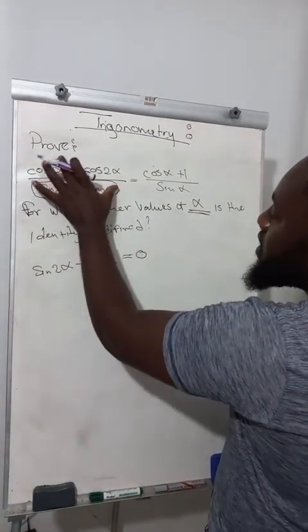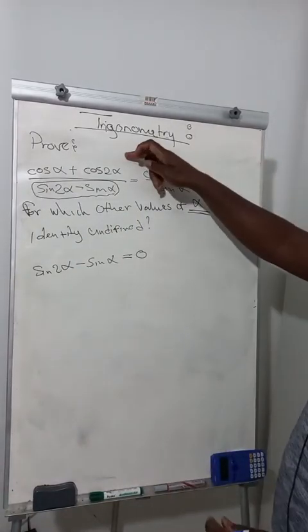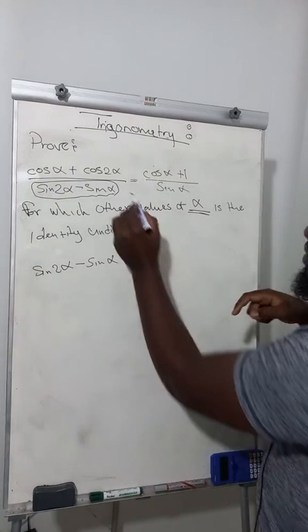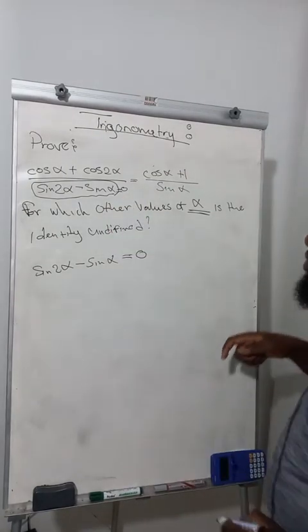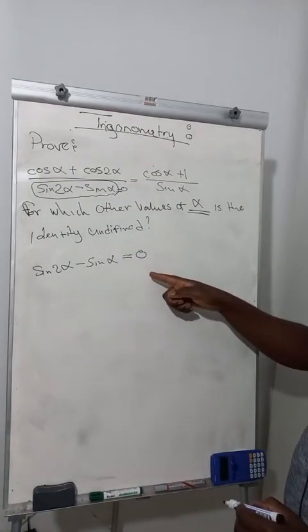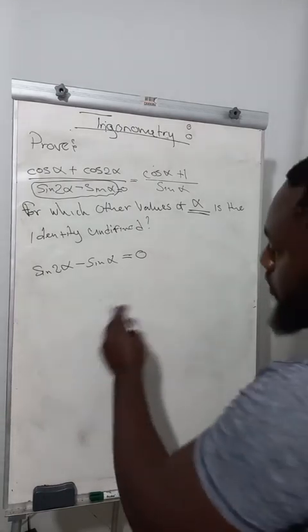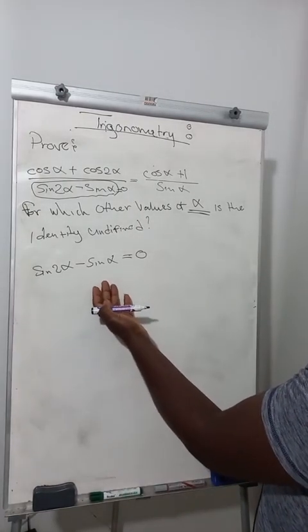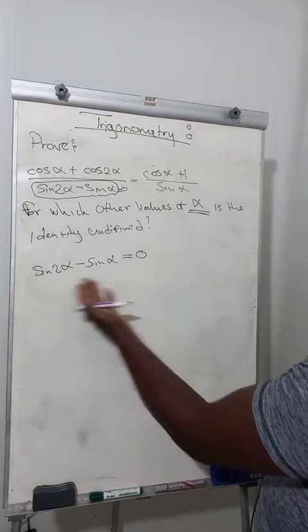So for this thing to be undefined, the denominator needs to be equal to 0. So if the denominator is equal to 0, now let's solve for this. This is more like determining the general solution here.